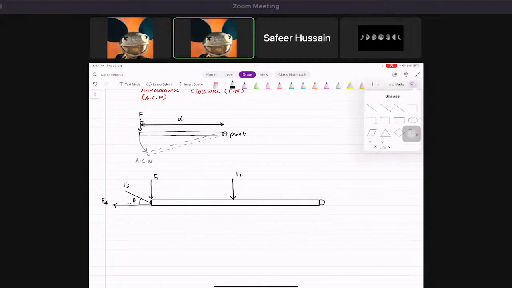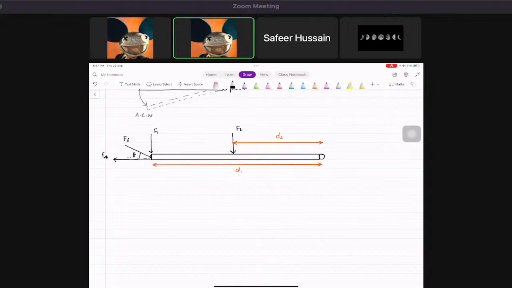Now I just want to tell you that these forces will have a different effect on the moment. So this is the distance d2, and say this is the distance d1. It's the perpendicular one.